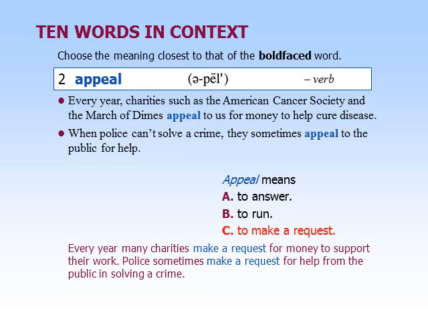So an appeal to us for money, an appeal to the public for help. So that should be a clue for you guys on the quizzes. An appeal means you're asking somebody for something, right? So you could appeal to your teacher for a better grade, or appeal to your teacher for less homework. But you're asking someone for something is appeal.